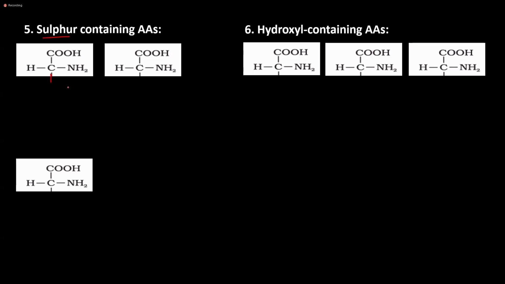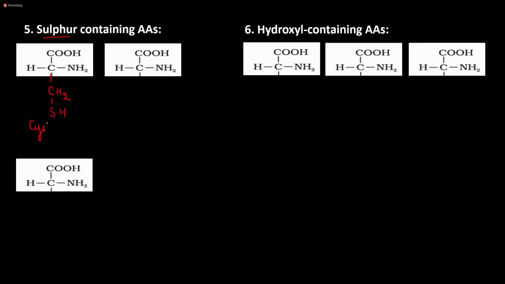There are basically 3 sulfur containing amino acids, out of which 2 are standard. We saw what standard and non-standard amino acids are. Out of 3, 2 come under standard amino acids. The first is known as cysteine. The structure of cysteine is something like this.